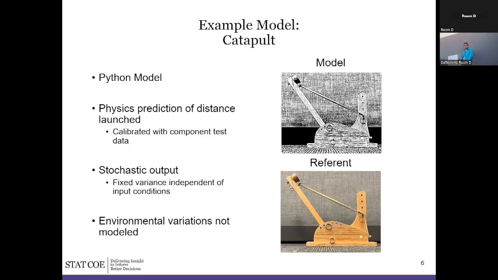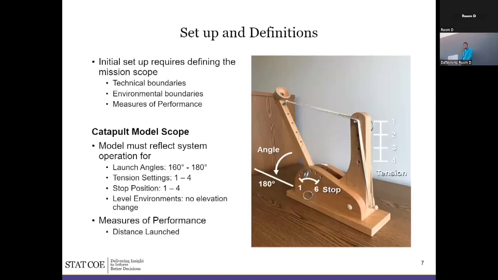What we've built is a Python model. It simply predicts what the distance of your projectile is going to be when you launch it, based on a number of input conditions for your catapult. It is a stochastic output, so there is variability in the results between different runs, and we do not consider any environmental factors in our model. Step forward.